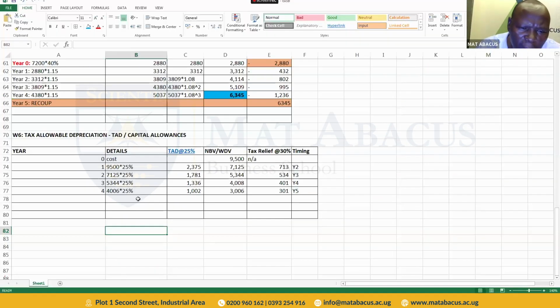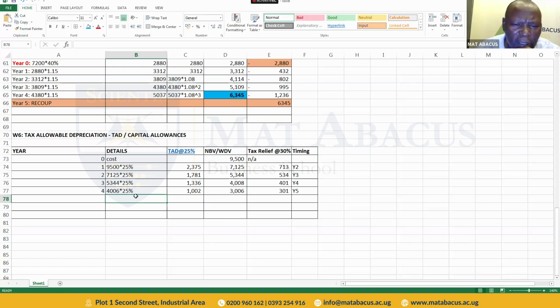However, this issue of scrap coming in year 5, and I'm depreciating the asset for 5 years.